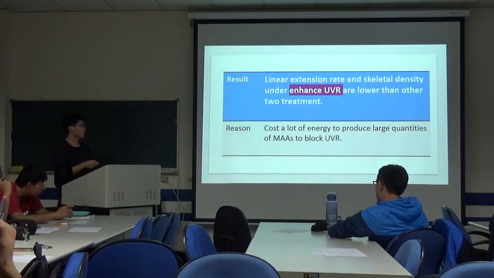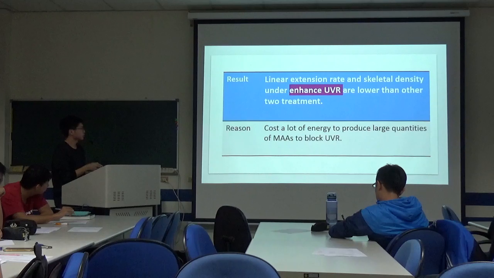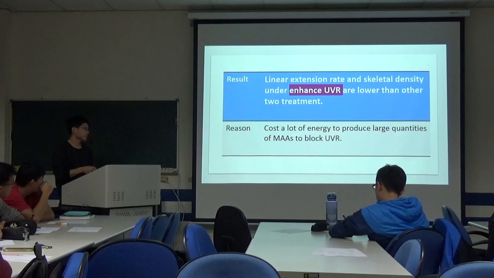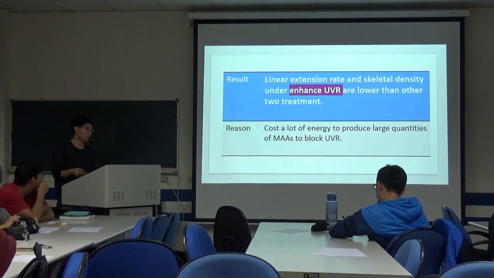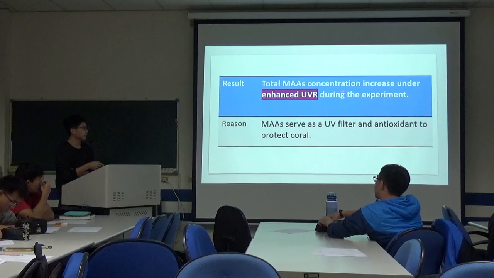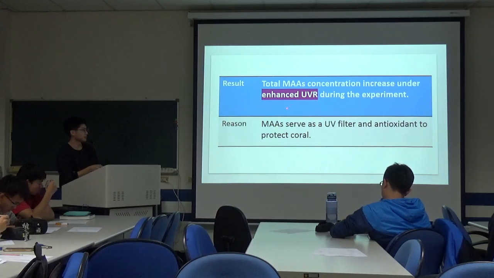Discussion. First, why are the linear extension rate and skeletal density under enhanced UVR lower than the other two treatments? Because they spend a lot of energy to produce a large quantity of MAAs to block UVR, which means there is little energy left for the coral to grow. Second, why did the total MAA concentration increase under enhanced UVR during the experiment?